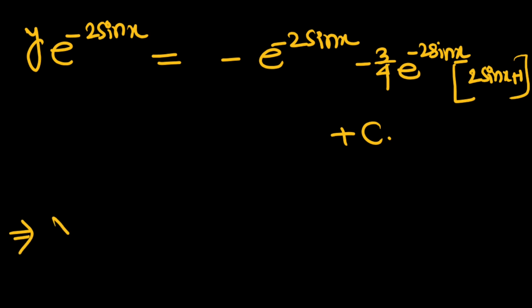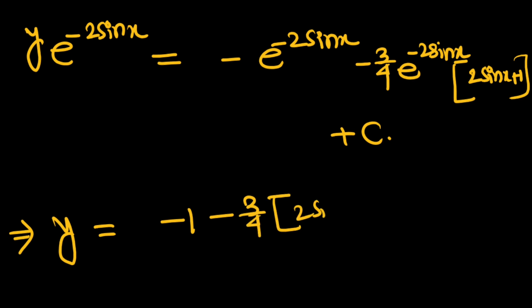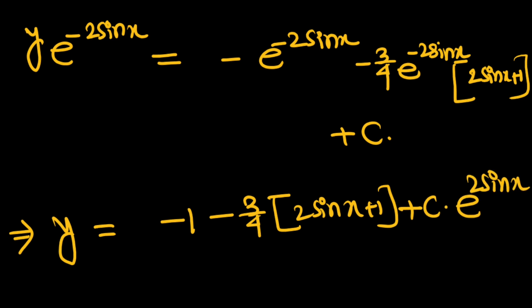This implies y is equal to minus 1 minus 3 over 4 times 2 sin x plus 1, plus c times e to the power 2 sin x. So this is our solution.